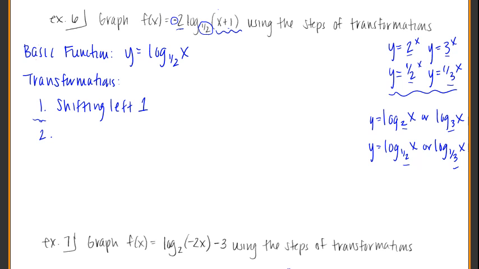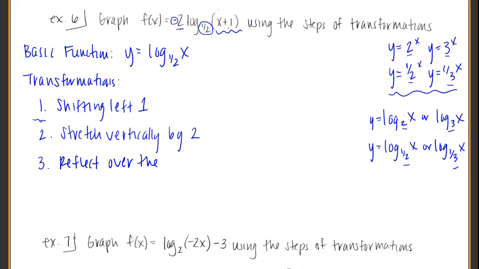So we're going to do the 2 first: stretch vertically by 2. And then the last thing is to take care of that negative sign, which is a reflection. Again, this is all vertical movement since we're affecting the y values, so I would reflect over the x-axis. Okay, so there are my 3 transformations.